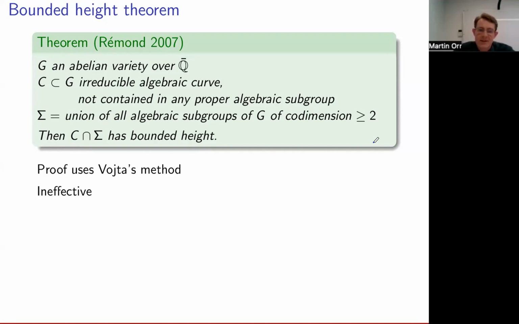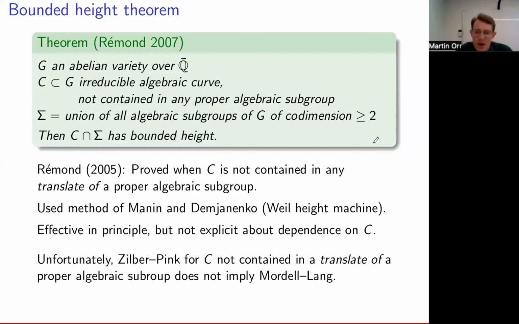What we can say is, under the restriction that I mentioned earlier, if instead of considering being not contained in a proper algebraic subgroup, we restrict to saying not contained in a translate of a proper algebraic subgroup, then there is an effective theorem, also due to Rémond. So in fact, a slightly older theorem of Rémond said that when C was not contained in a translate of a proper algebraic subgroup, then you still have bounded height, and this is in principle effective.